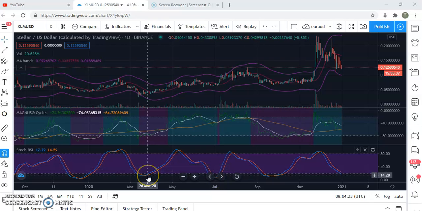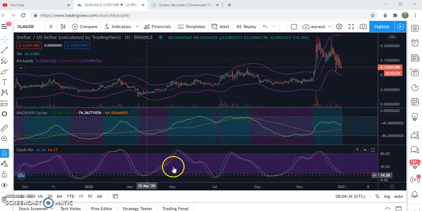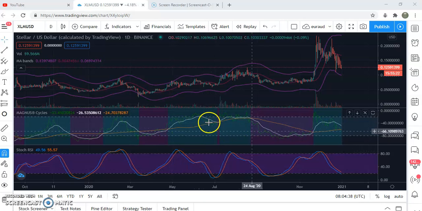So 7 minus 3 or 4 is 3 months. Okay, so for Stellar we have cycles equal to 3.5 months, 4 months more or less, okay? And also the Magnus cycles are confirming what the stochastic RSI is telling us.